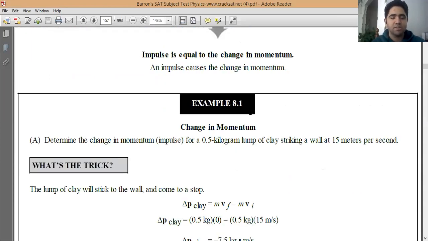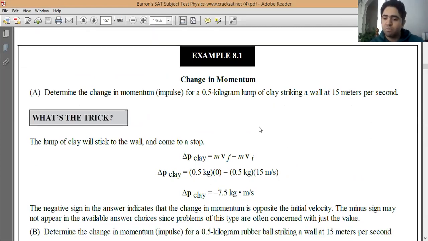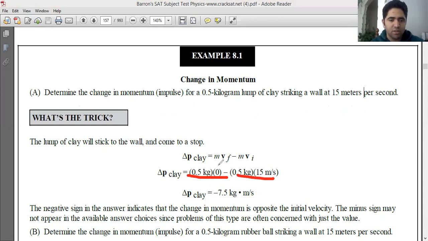Okay, and let's look at a problem here. Determine the change in momentum of a 0.5 kilogram lump of clay striking a wall at 15 meters per second. So, they didn't say in the problem whether it moved, so I will assume the final velocity is zero. Okay, so vf will equal zero. And the initial velocity is 15.